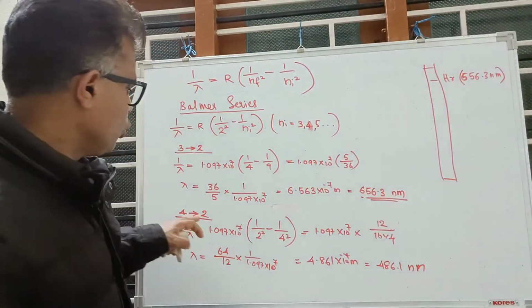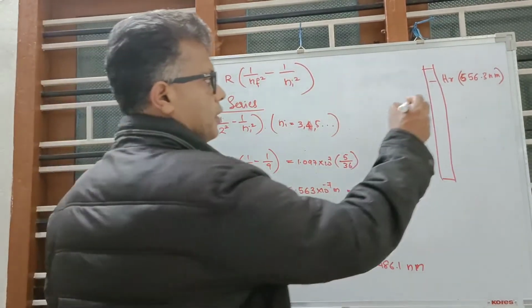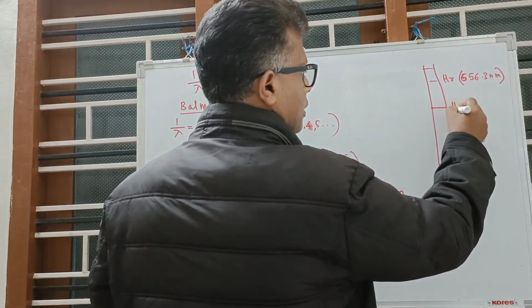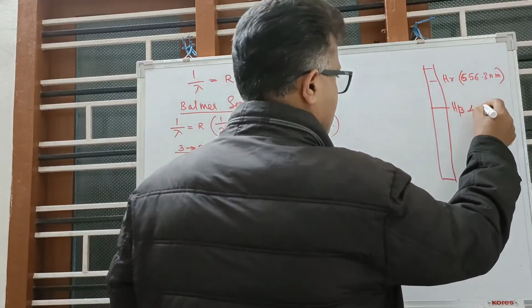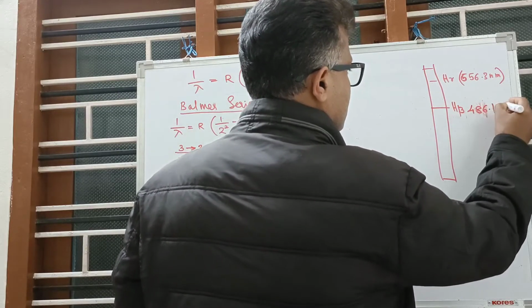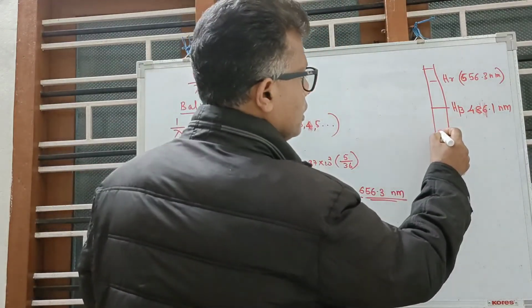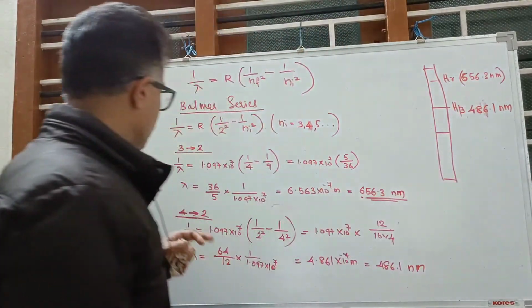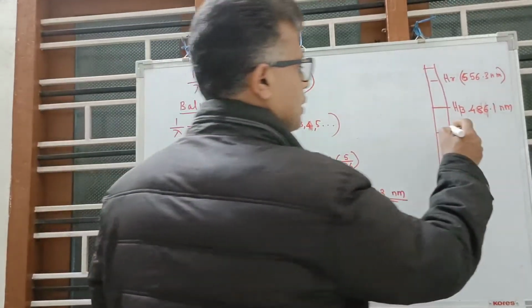When it is 4 to 2, it is getting the second visible spectrum line. If it is jumping from 5 to 2, you will get the third one.